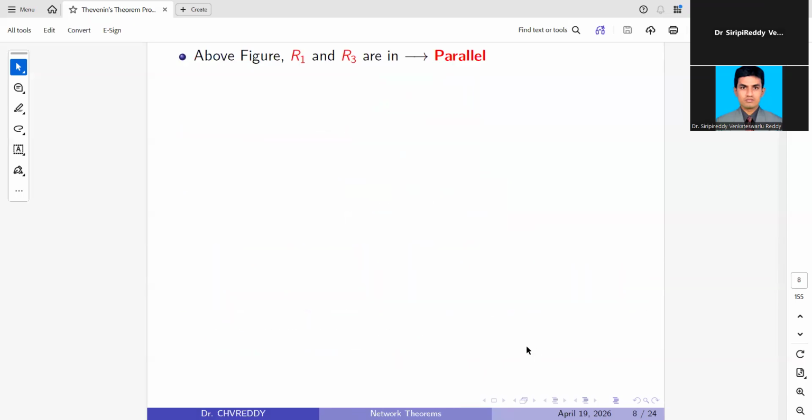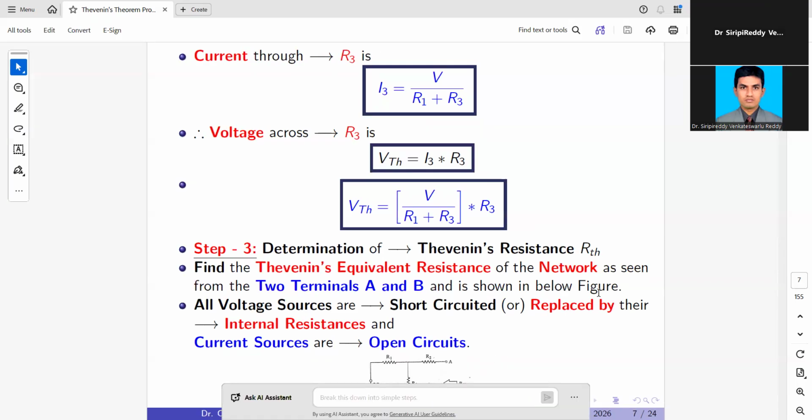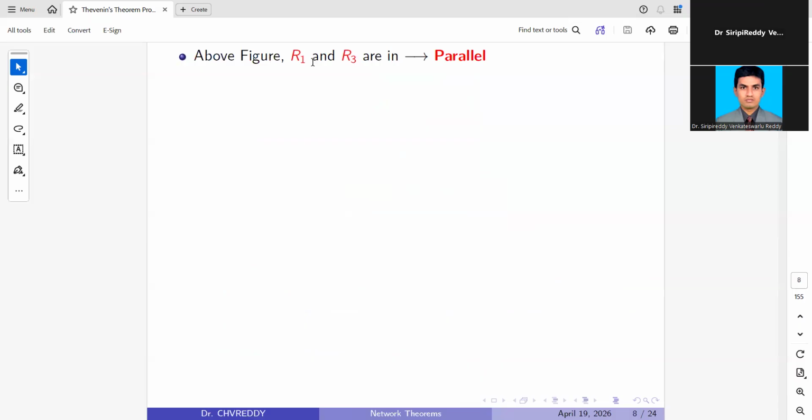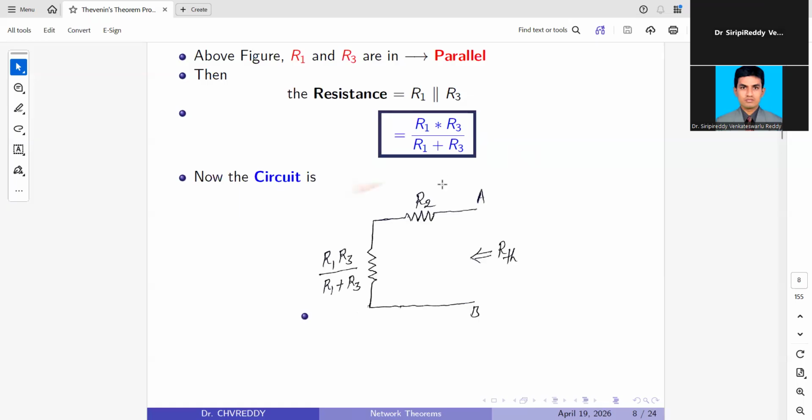In this figure, R1 and R3 are in parallel. So the resistance is R1 into R3 divided by R1 plus R3. Now this R1 R3 by R1 plus R3 is in series with R2.